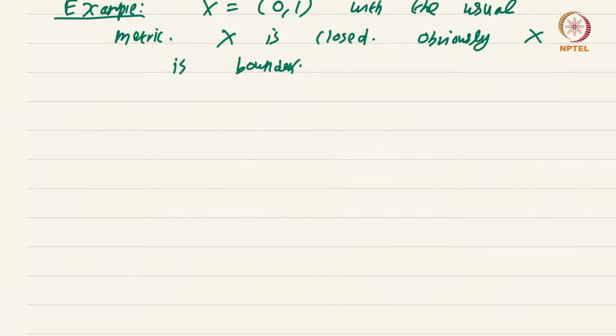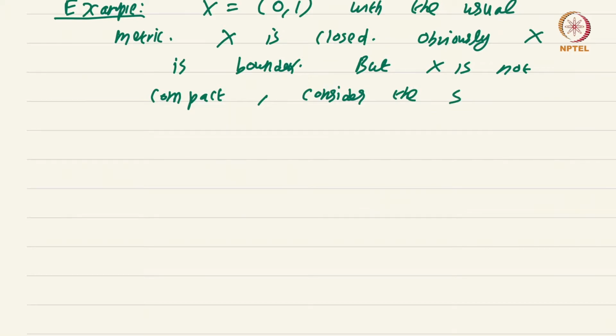Okay. But X is not compact. Just consider the sequence 1 by n plus 1. This is a sequence of elements in (0, 1) that converges to the point 0 actually, but 0 is not there in the metric space.